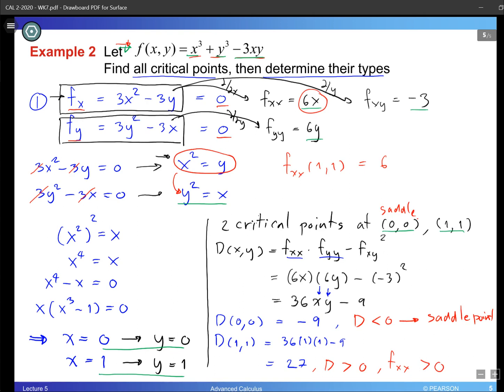So with the smiley face, we are going to get a local minimum at this point. So you can make a conclusion right here that at 1, 1, this is a local min. And that is the answer for this example number 2.